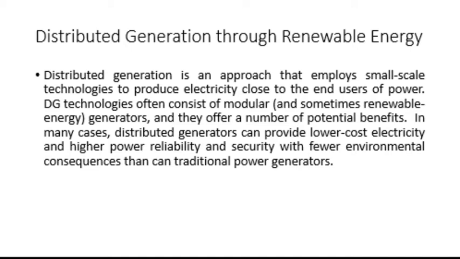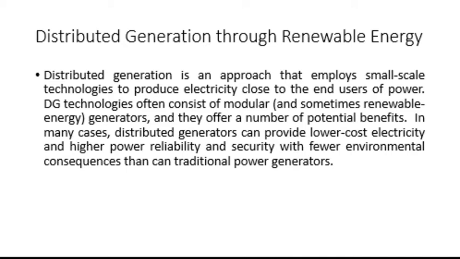Just read what is written on the slide: distributed generation is an approach that employs small scale technologies to produce electricity close to the end users of power. DG, I am writing over here, DG is nothing but distributed generation. Its technologies often consist of modular units; sometimes it can be renewable energy, it can use some central power plants, also small power plants or small hydropower plants.